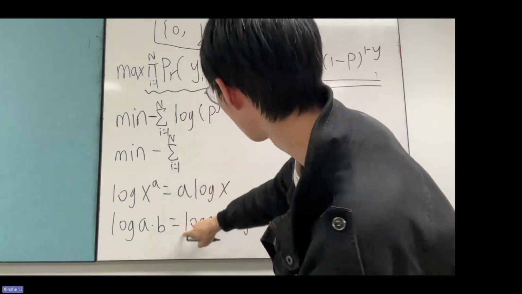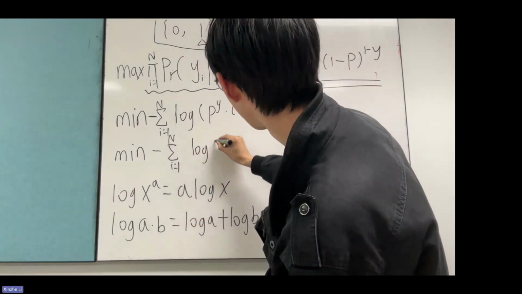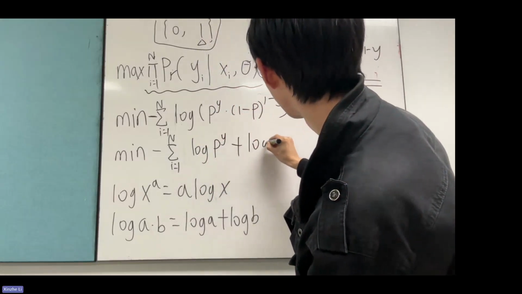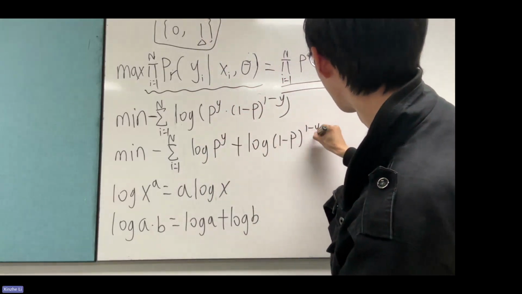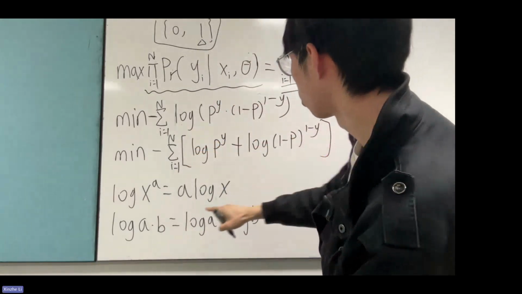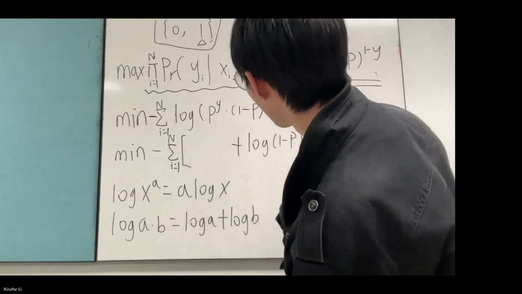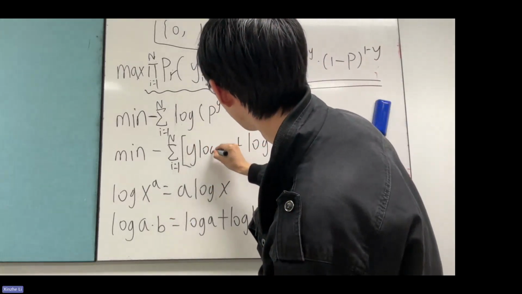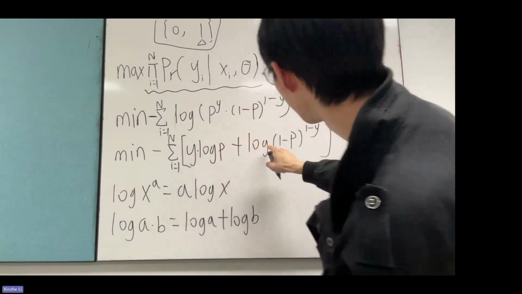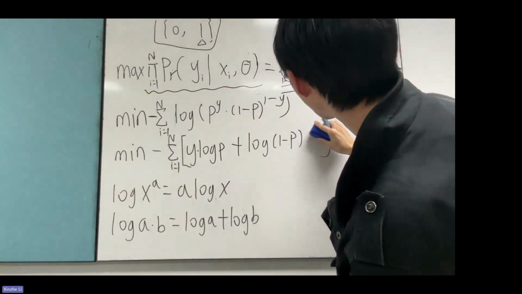Now use the second rule first: log p^y plus log (1-p)^(1-y). Now use the first rule. I will put y at the beginning. Do the same thing for this. I will put 1 minus y at the beginning.